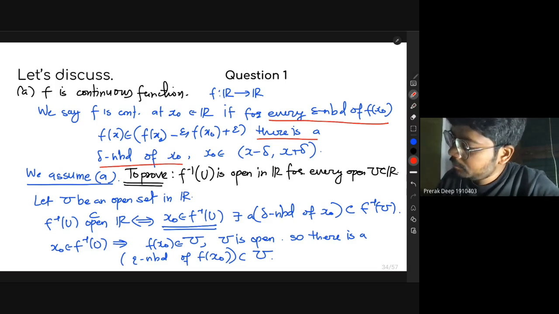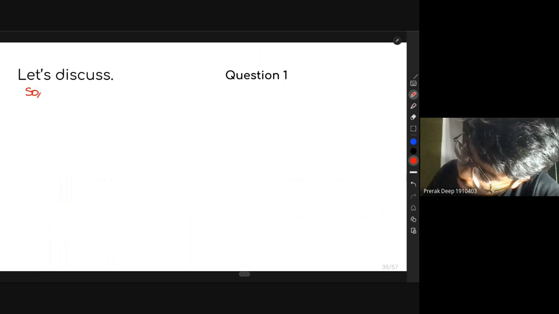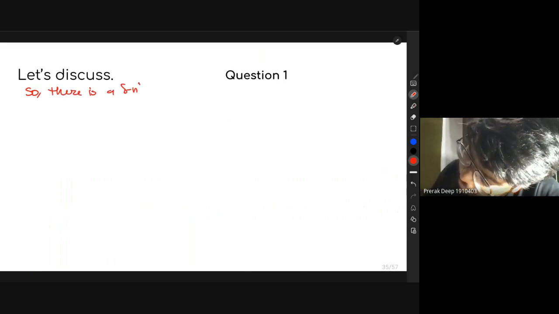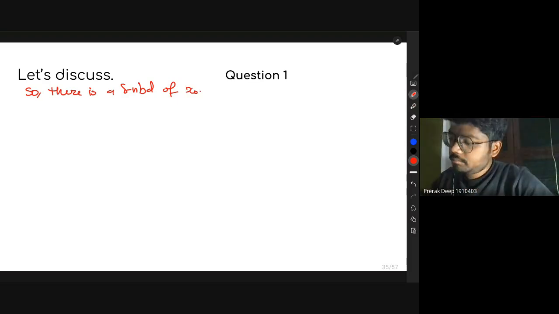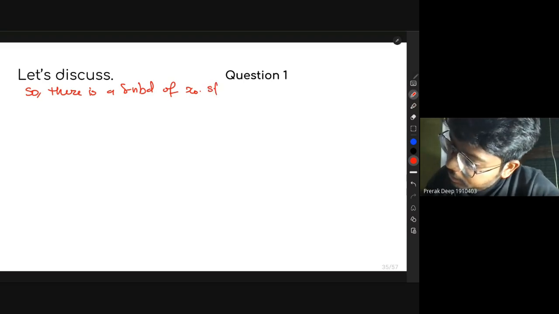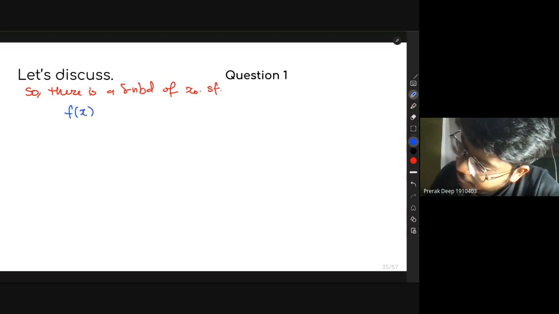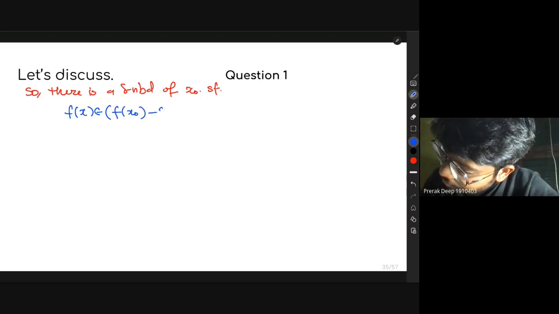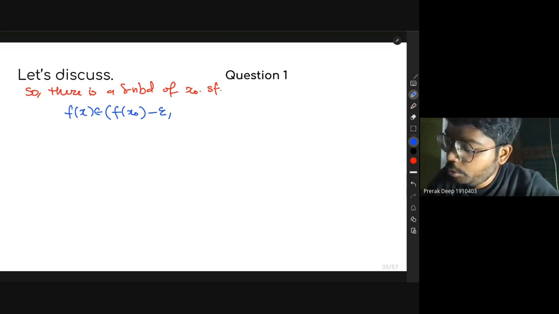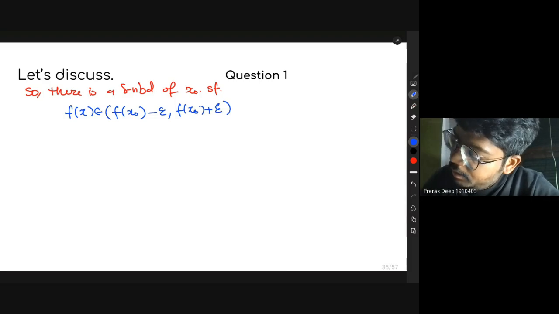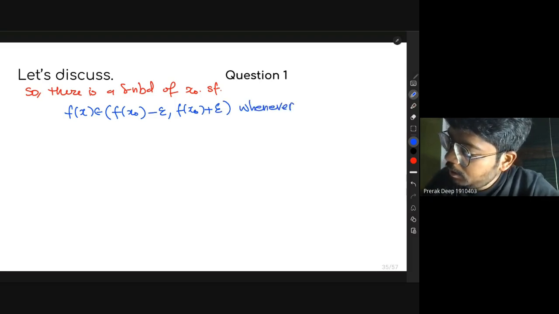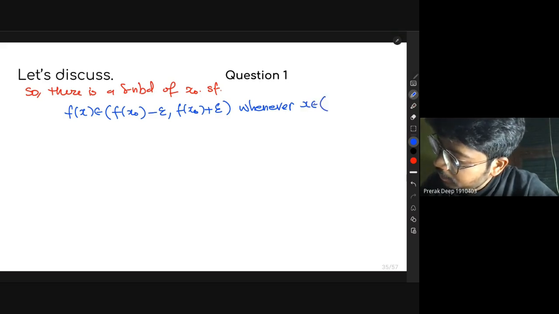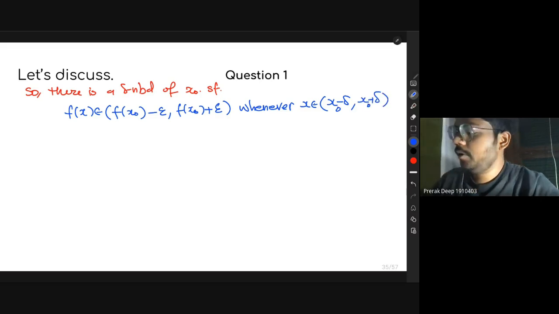correct? So there exists a delta neighborhood of x naught such that whenever f(x) belongs to this epsilon neighborhood of f(x naught), this happens.